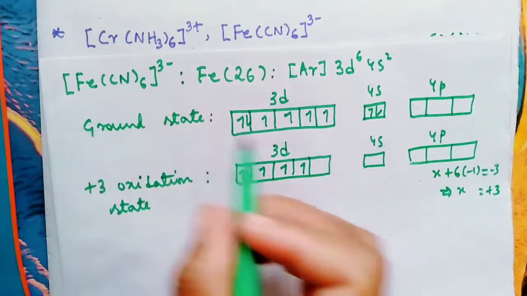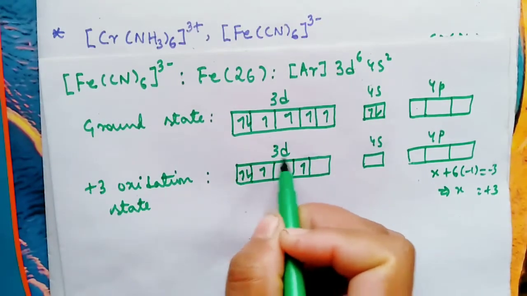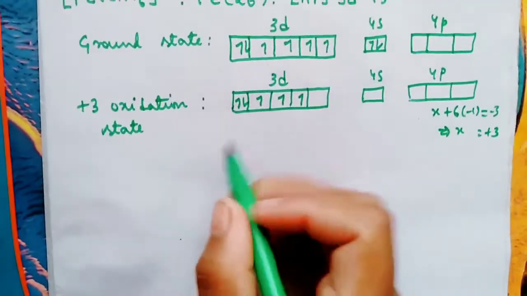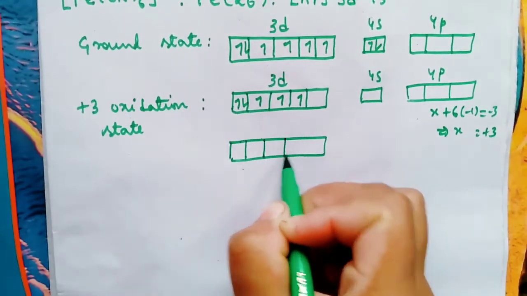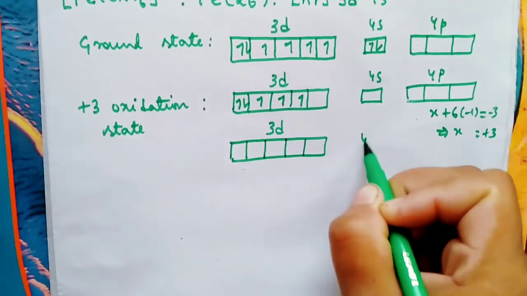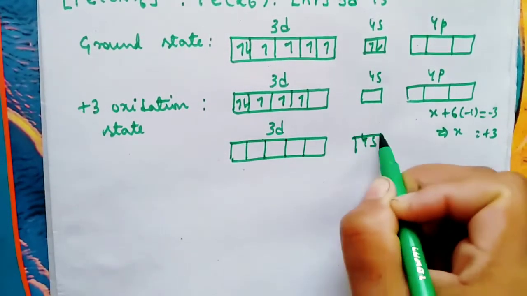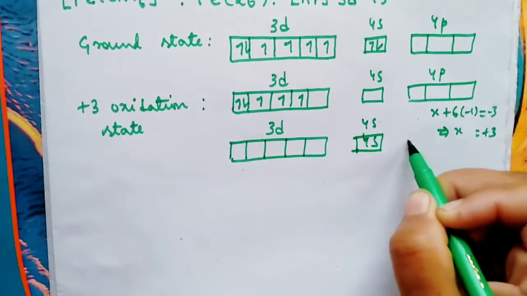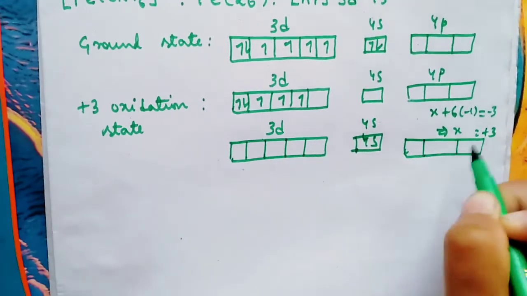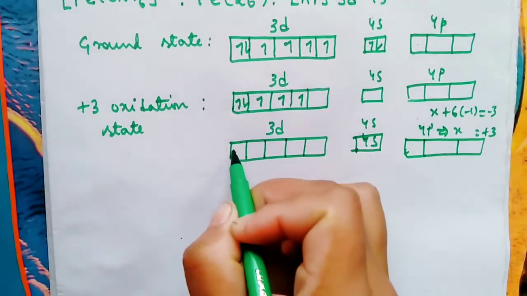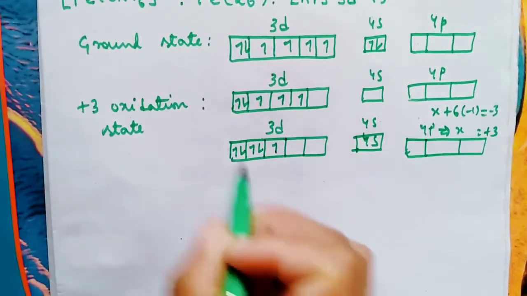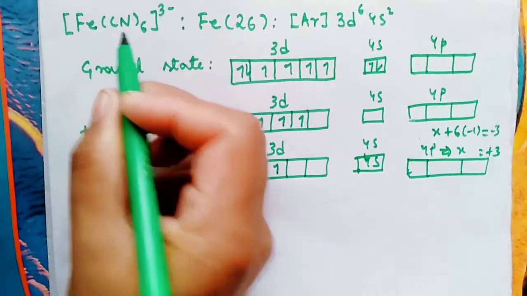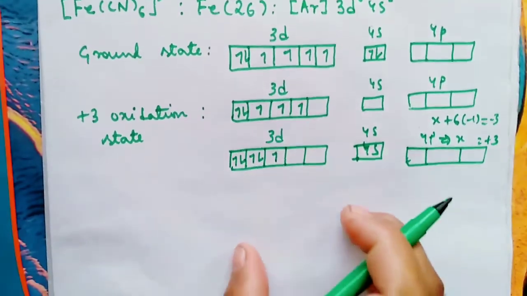Since it is a strong ligand, it will cause these electrons to pair up. So what will happen? These two will pair up and we are left with one here. Because CN is a strong ligand, that's why the electrons are pairing up.